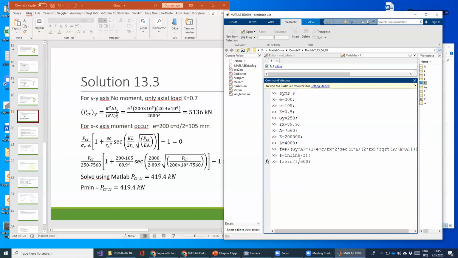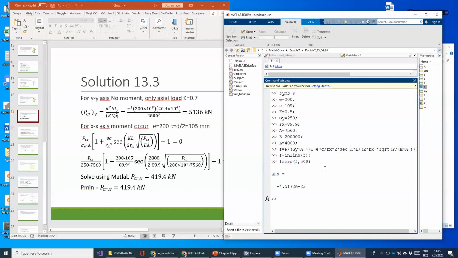In the parentheses, we write the function, and x0 is the initial guess. Therefore, I want to write our function name f, and for the initial guess I want to write 500.